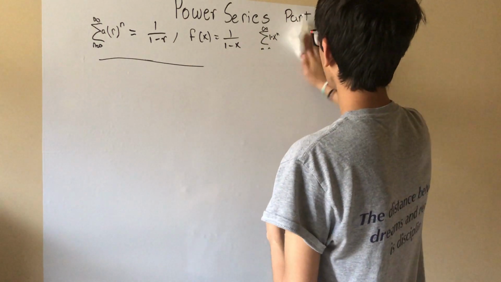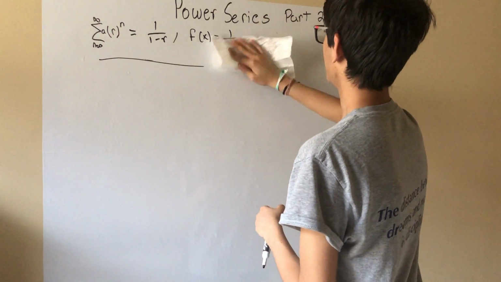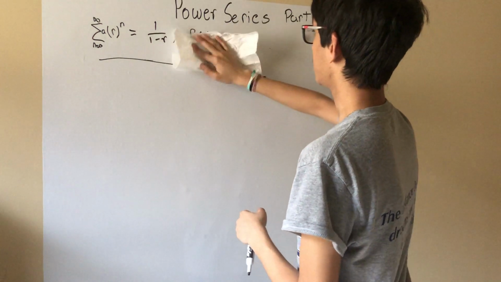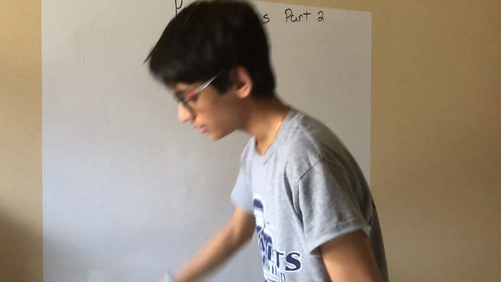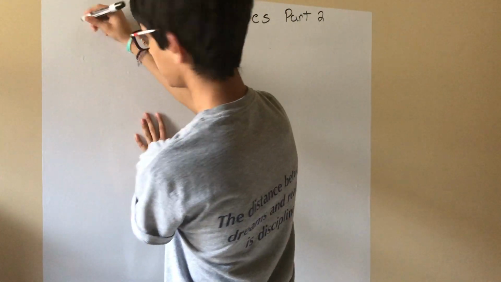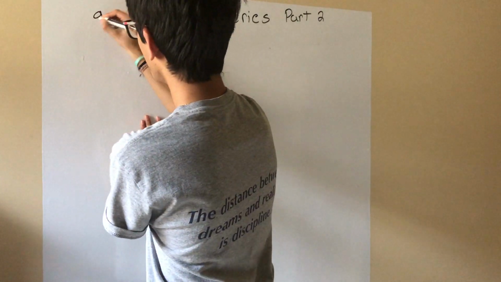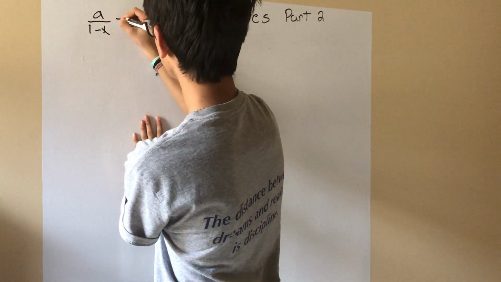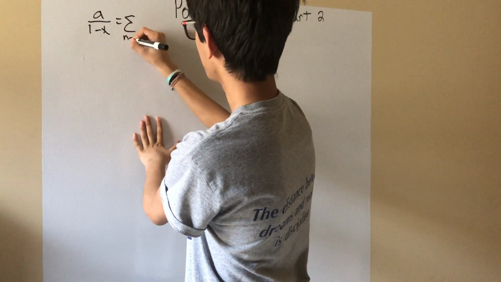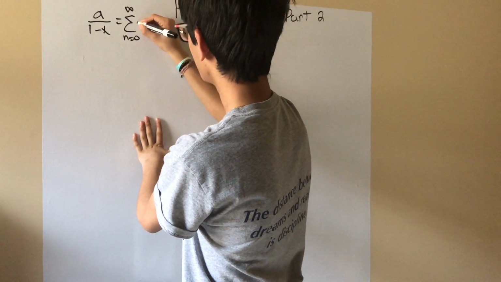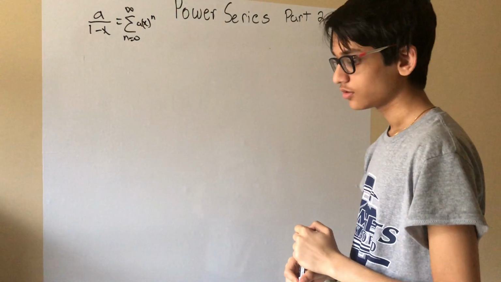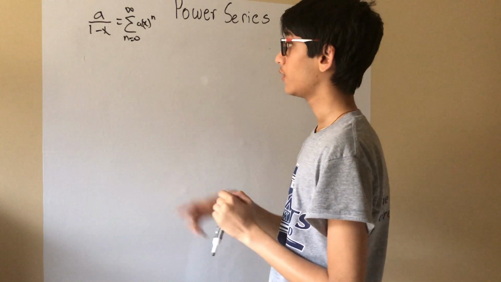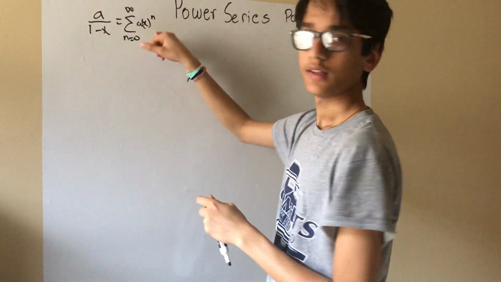Here I'm going to rewrite that up top. Here I'm going to just write that over here. So here, let's work with the simple problem of transforming one of these into this.